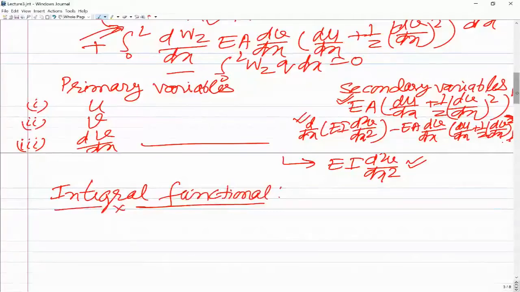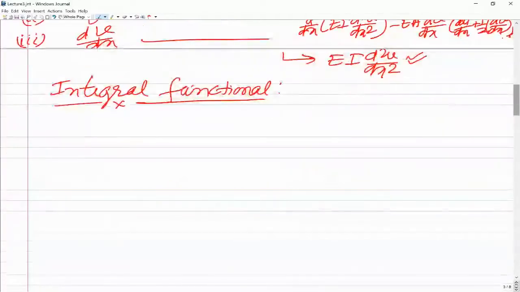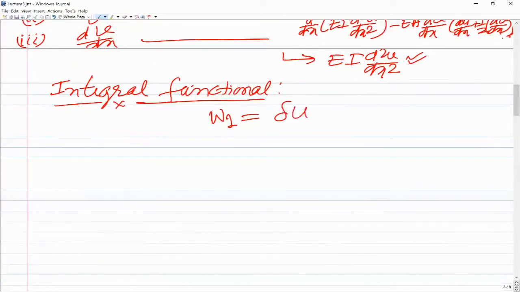Because we now have two weight functions, W1 is taken with the equation corresponding to equilibrium of forces along the x direction, so W1 we take as the variation in the corresponding displacement, delta u. W2 is taken with the sum of forces along the y direction, so W2 we take as delta v. So W1 is the variation in u and W2 is the variation in v, the displacement along the y direction.